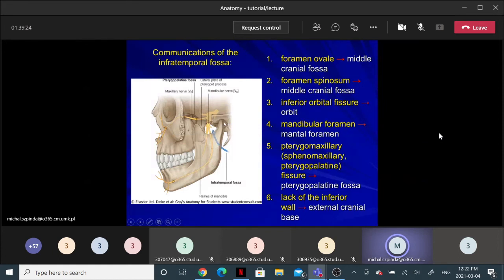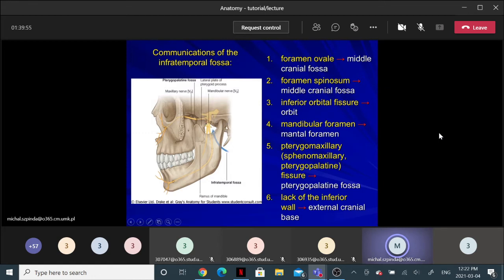The petrotympanic fissure is just here, directly behind the condylar head of mandible. This area is involved in the infratemporal fossa. The petrotympanic fissure leads to the tympanic cavity, the middle ear.